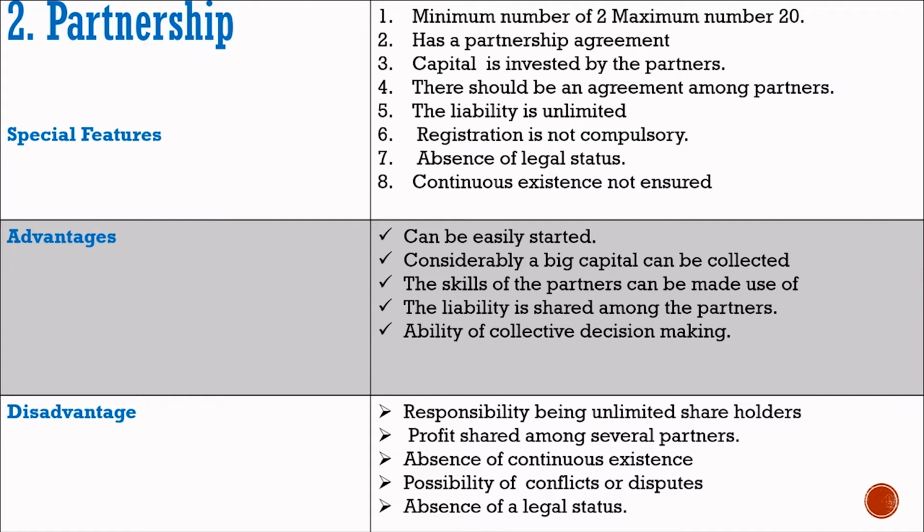And they also do not have a continuous existence. When there is a large set of partners, conflicts, disputes, and misunderstandings can occur. Also, they do not have a legal status. So, this is about the basics of what partnership is about.